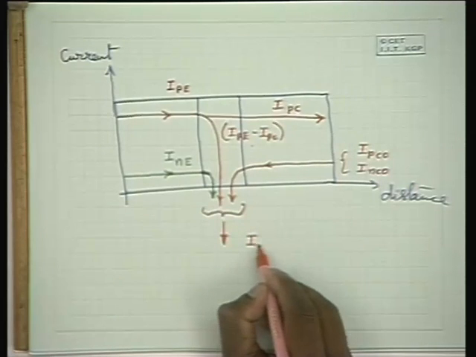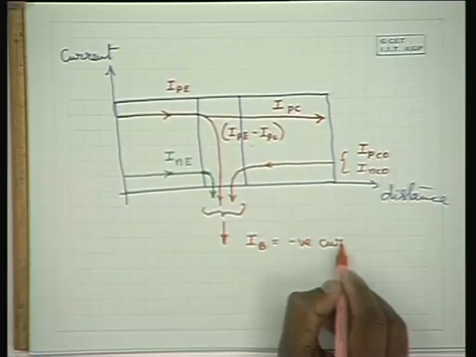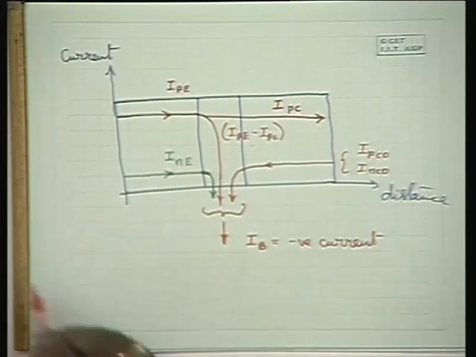So, you expect IB to be some negative current.